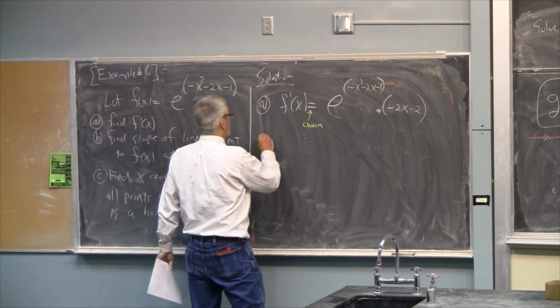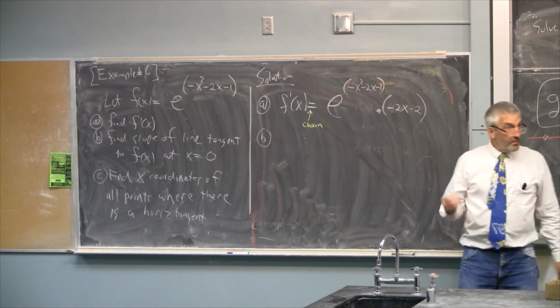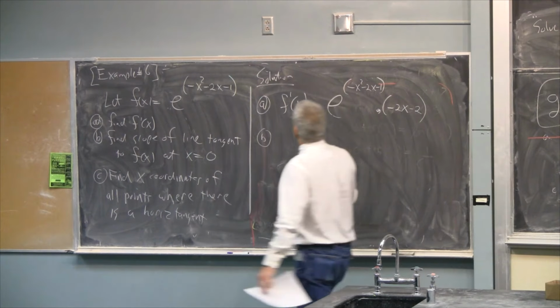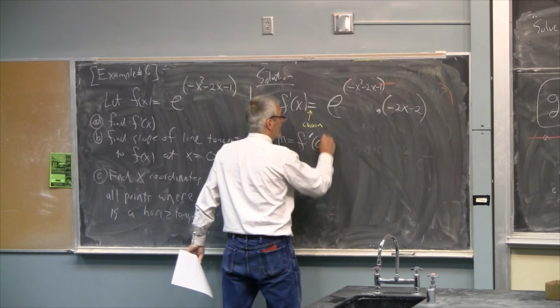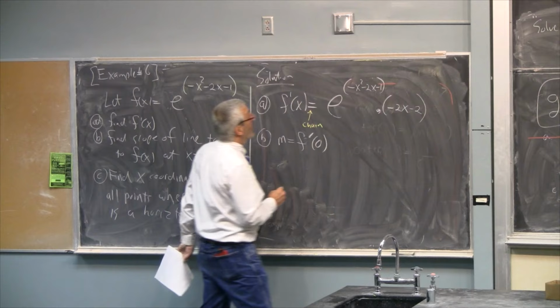Now, how do I answer B? Well, I'm being asked to find a slope. So I'm going to start by saying m. And I'm asked for the slope at the place where x equals 0. So I'm asked to find f prime of 0.